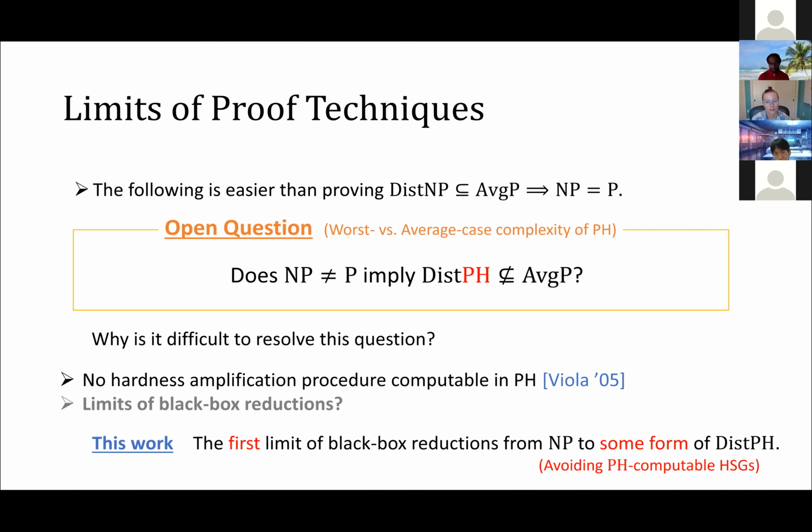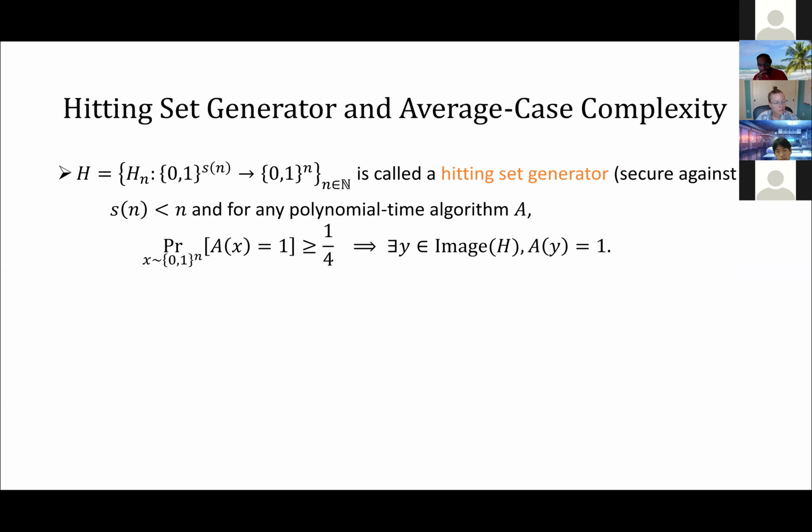A hitting set generator is a fundamental notion in the theory of derandomization, but instead of derandomization, I'm going to use the hitting set generator in order to construct an average case hard problem. So this is the definition of a hitting set generator. What's important is that if we can construct a hitting set generator which is computable in PH, then we can get an average case hard PH problem.